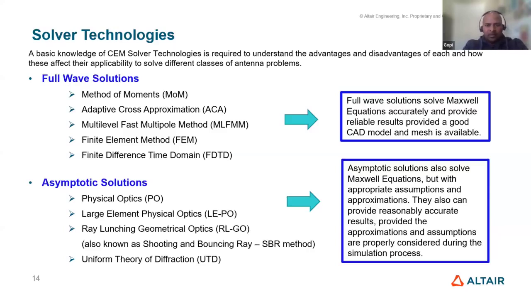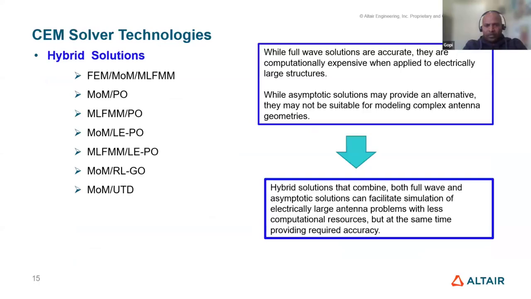Okay? But not only having all these solvers in Feko, they are also hybridized, meaning you will be able to use multiple solvers within the same project. Okay? For example, method of moments, FEM and MLFMM, those are all hybridized. So within the same project, you can treat part of the geometry with method of moments and a part of the geometry with FEM.